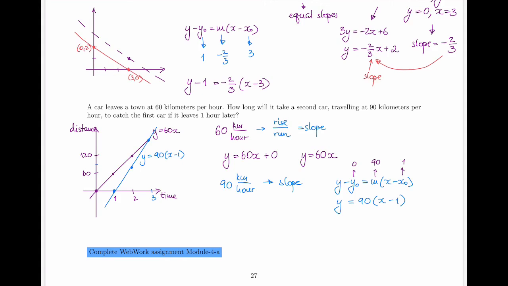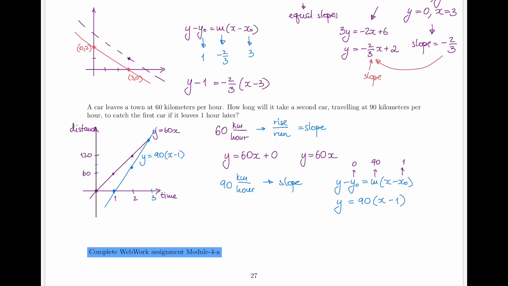Excellent. Now I have two equations of two lines, and the question really is, how long will it take the second car to catch the first car? So I really am wondering, when are they going to meet? They're going to meet at a point where the x and the y coordinates are equal. So I can simply set their equations to be equal and then solve for x.